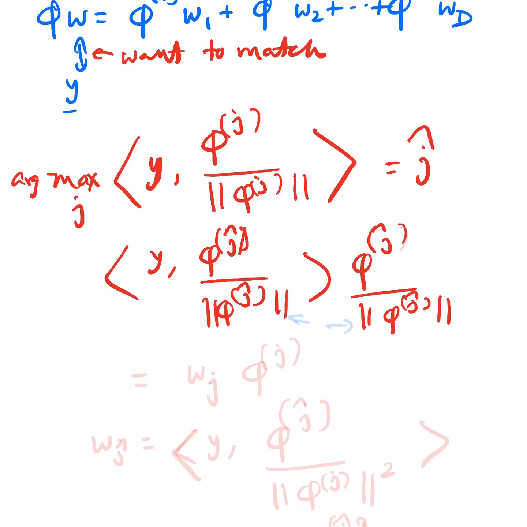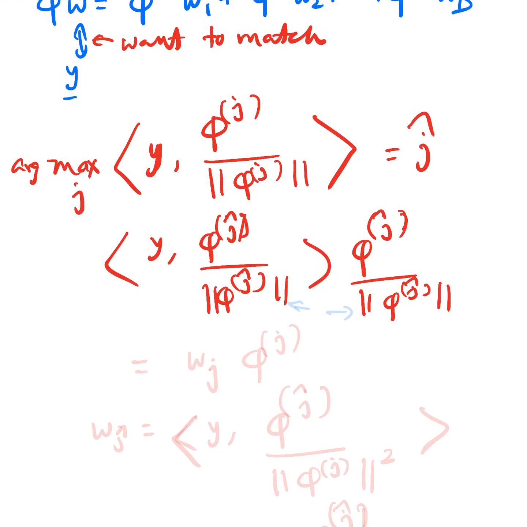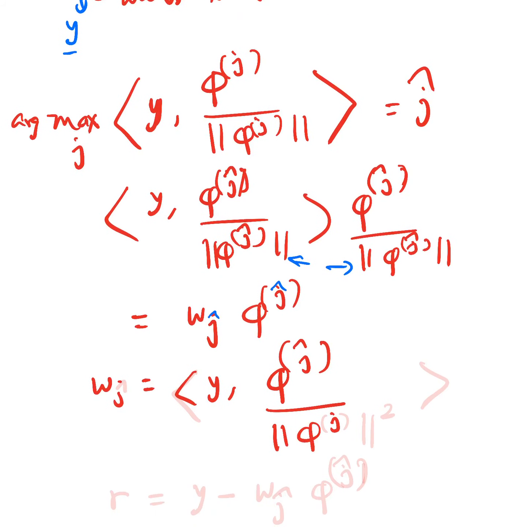And if I want to write this as Wj times phi j, then Wj is going to be Y projected along phi j hat divided by, let me just change paint colors to note that I've got these two norm terms, phi j squared, right?